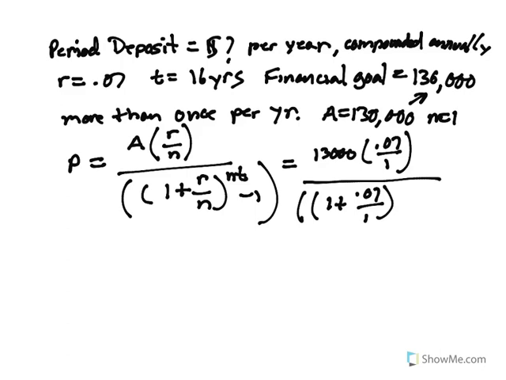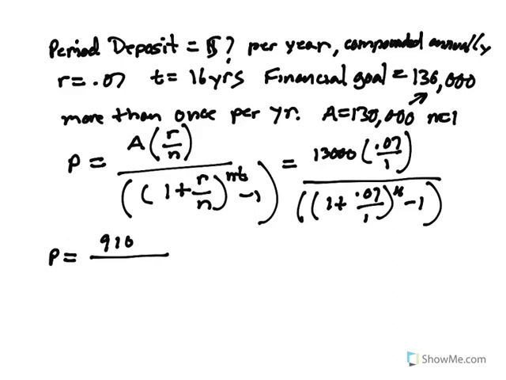Well, 1 times 16 is just 16, minus 1. Okay, so we do all these calculations. Let me do a couple of them. All right, let's do 0.07 divided by 1 gives you 0.07. And we're going to times that by 130,000. This gives us 910.